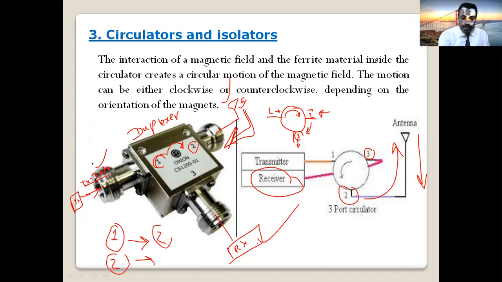TX data is only guided to the antenna, we transmit it. RX data is only guided to port 3, which is the receiver. We can transmit and receive simultaneously using one single antenna. Because of what? Because of this very important device, we call it a circulator. Okay, we call it a circulator.